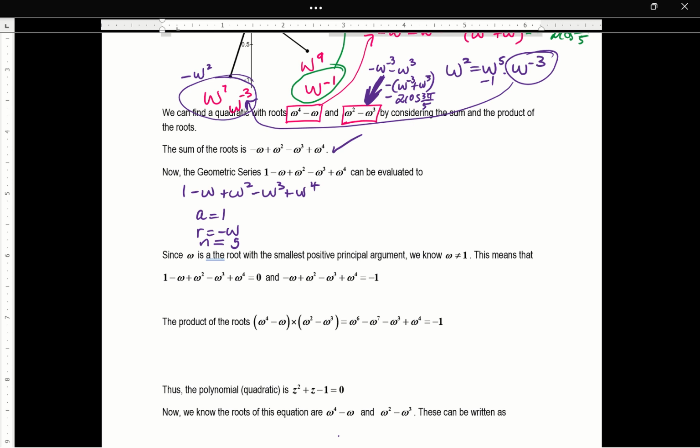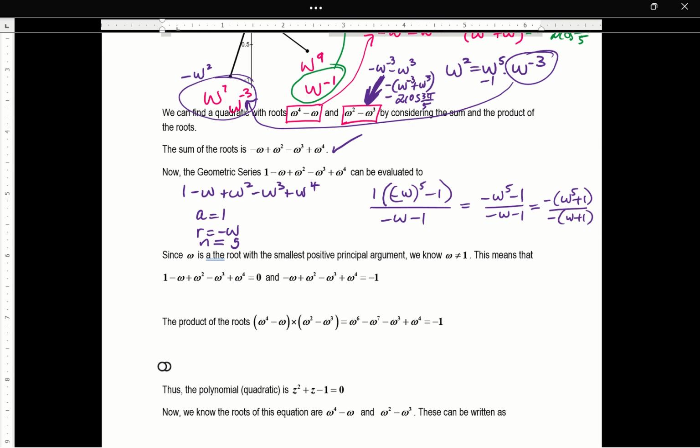So basically, we can add up that series. The formula on the formula sheet is a times r to the n minus 1 on r minus 1, so that's 1 times minus W to the 5 minus 1 on minus W minus 1. That's the same as minus of W5 plus 1 on minus of W plus 1.